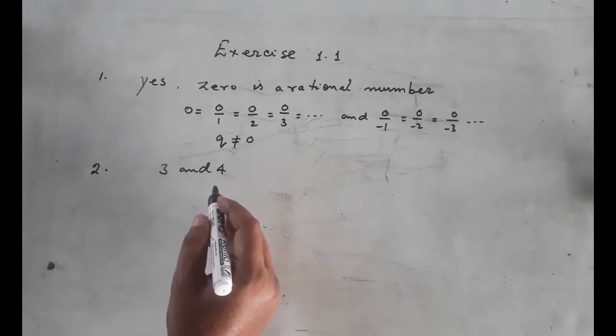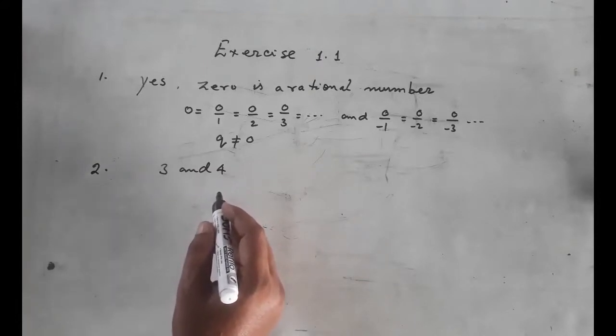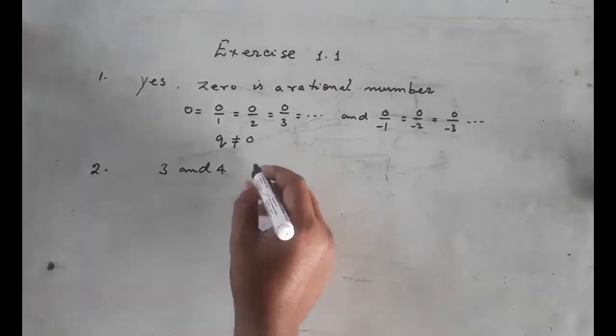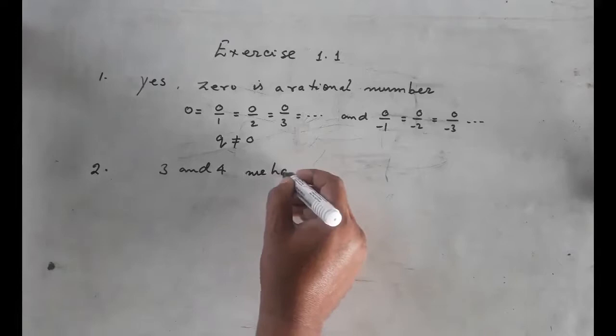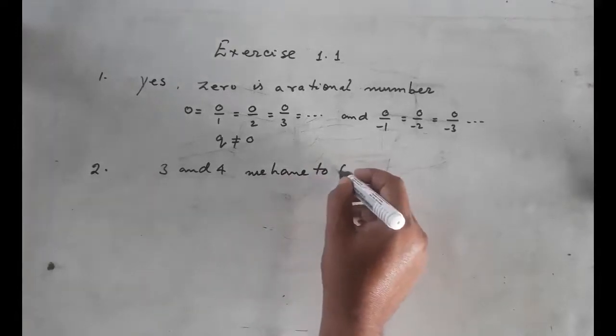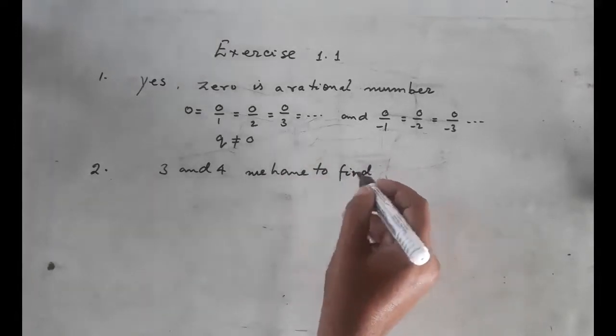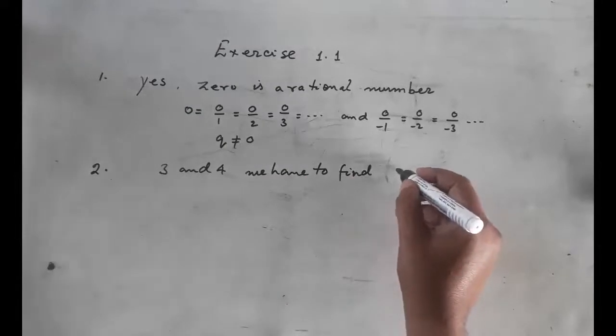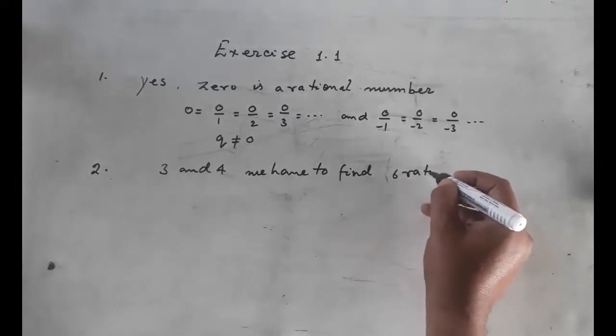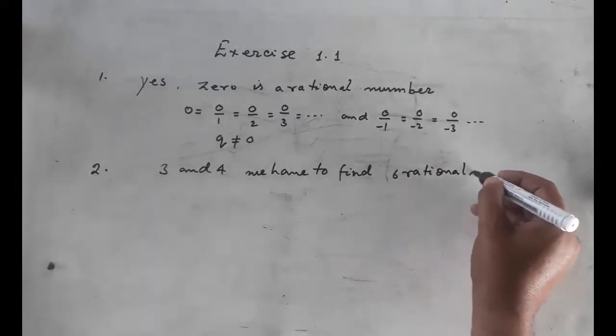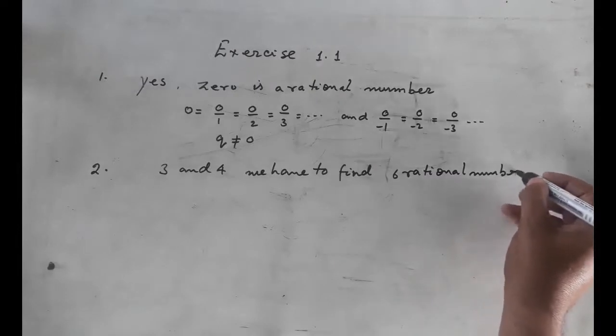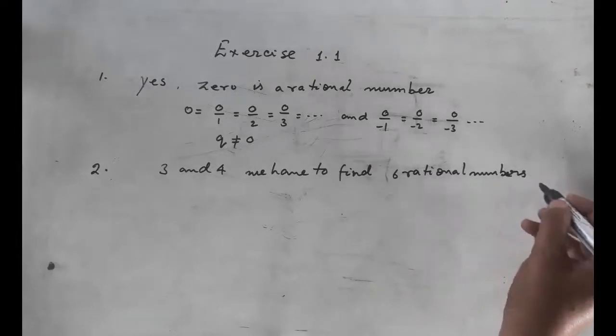What do we have to find? We have to find 6 rational numbers.